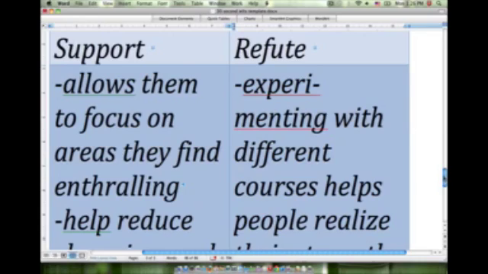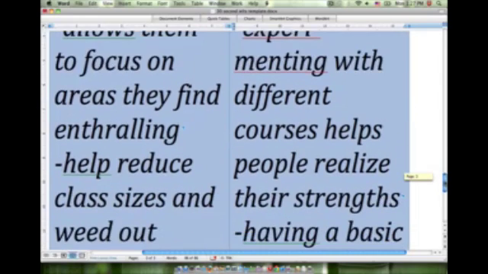So let's say we're going to go with our refute side, and refute the idea that young people can stop studying certain courses based on their disinterest in them. Okay, so now let's get to the essay itself.